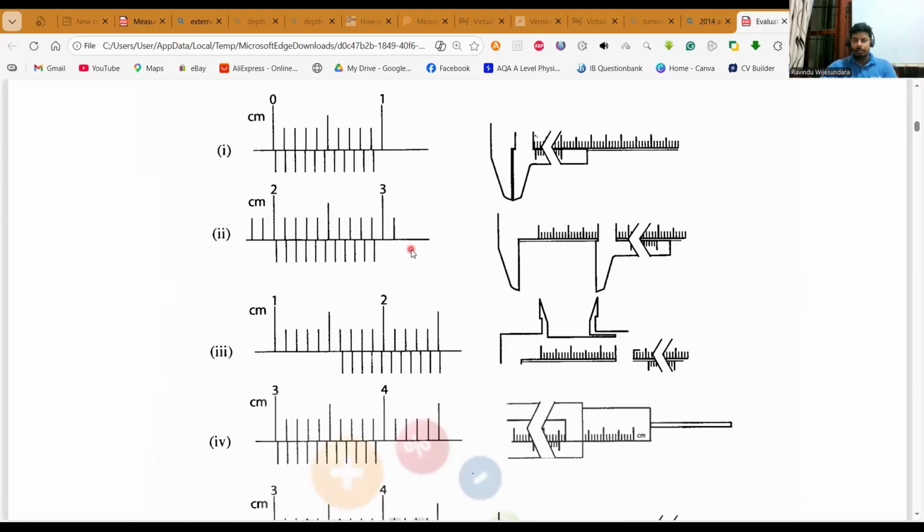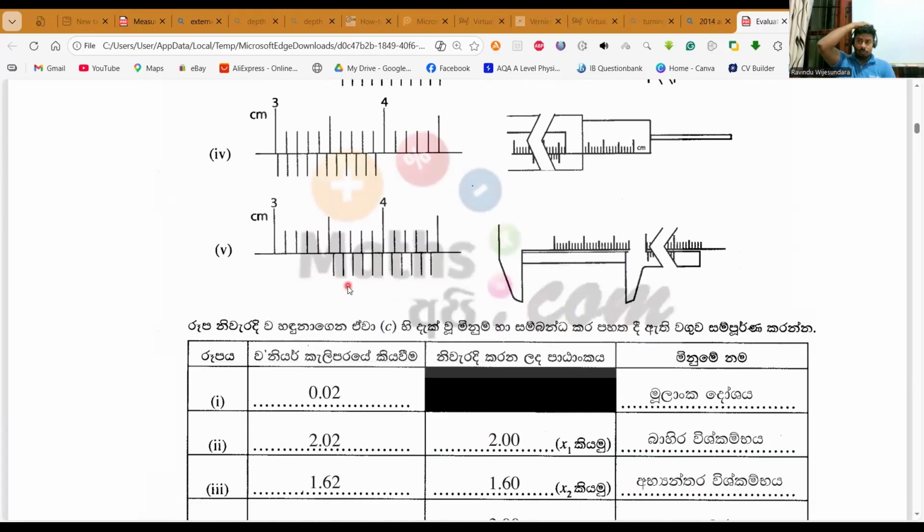Reading the vernier caliper is a very important thing because in 2020 and 2014, they really checked whether you can read from a vernier caliper or not, and whether you know how to calculate zero error and other things related to vernier caliper.